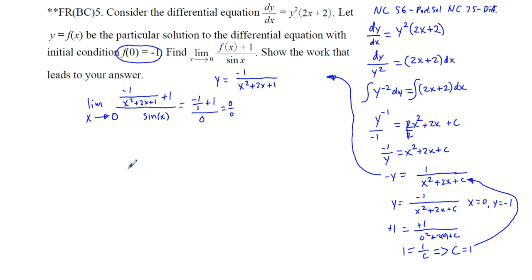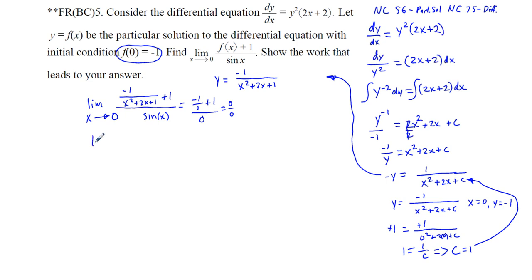So now we can differentiate the numerator and the denominator, and differentiating this negative 1 over x squared plus 2x plus 1, we can write that as x plus 1 quantity squared, can't we?